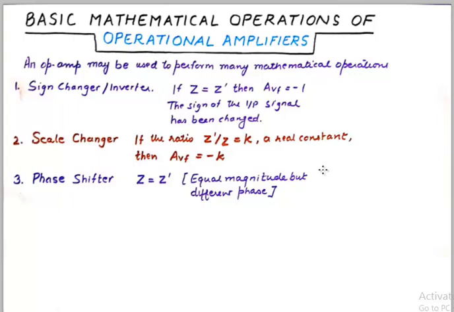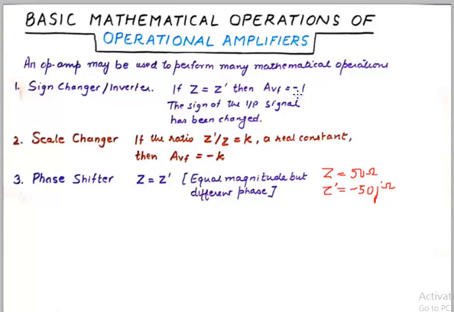For example, if we keep Z to be equivalent to, let us say, 50 ohms and Z dash to be equivalent to minus 50 j ohm, so that will cause some phase shifting to happen, because their ratio will cause phase shifting other than the 180 degree phase shift that happens.